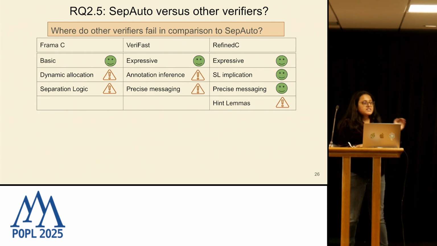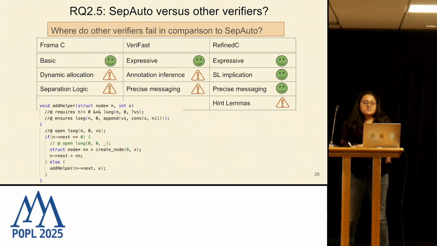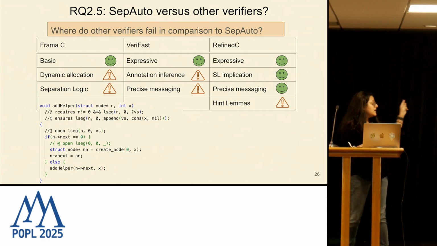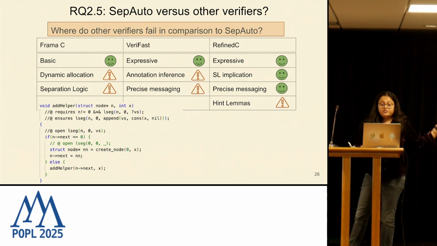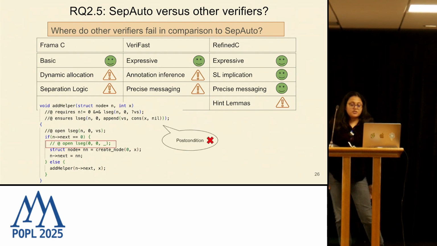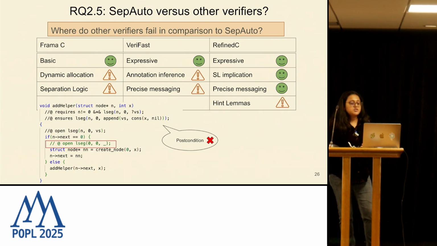Verifast is more expressive than Pharmacy, but it's not fully automated. So in Verifast, for example, there's a program that is synthesized correctly, but you may need to insert annotations in between. And if you don't insert them correctly, even though this is the correct program, the error message in the verbose mode is that it's unable to verify the correct postcondition, alongside the SMT queries.